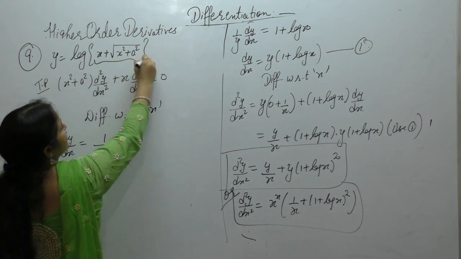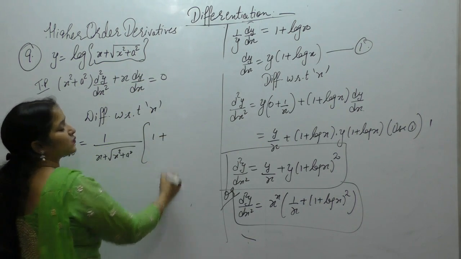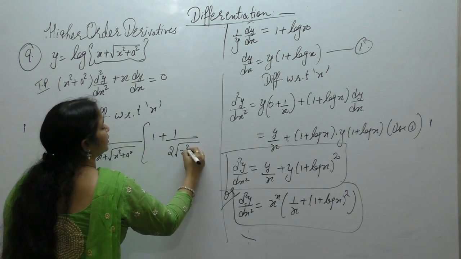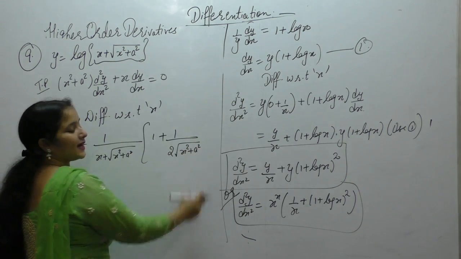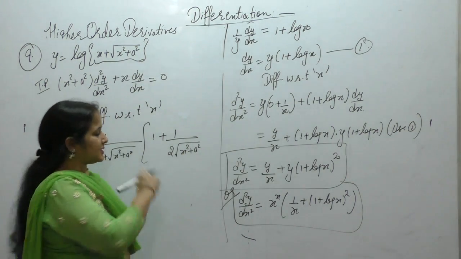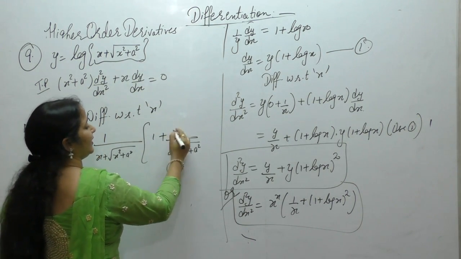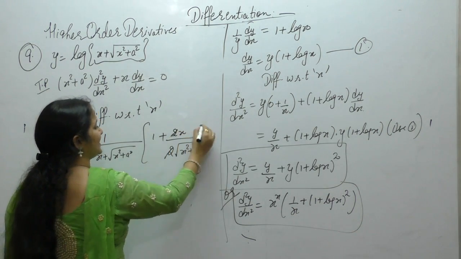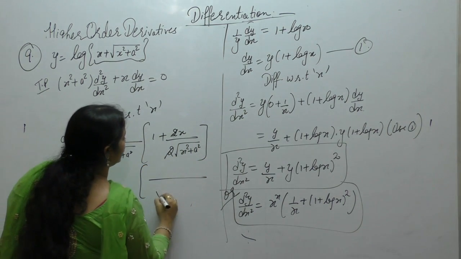Now derivative of this term, derivative of x is 1. Derivative of square root of x is 1 upon 2 square root of x. Instead of x, here we have x square plus a square. Derivative of x square is 2x, a square is 0. 2 will get cancelled. Take the LCM here.